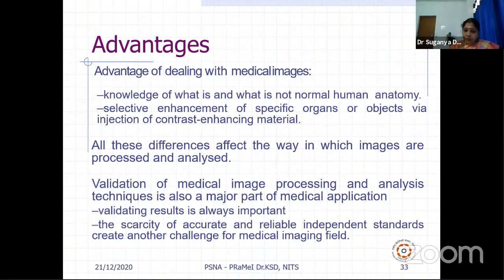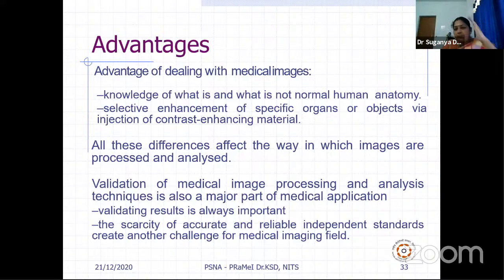So validation of medical image processing and analysis techniques is also a major part of a medical application. That is actually not just a major part, that is the prime part. Validation is very important. So we'll have many evaluation metrics for our algorithm, say right from F1 score, precision, recall, PSNR, MSE, and we'll be proving that I am giving the best result of segmentation of the cancer.